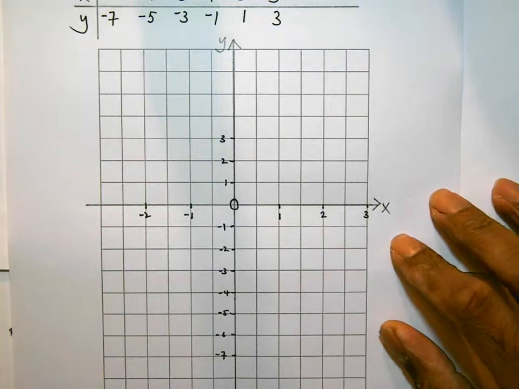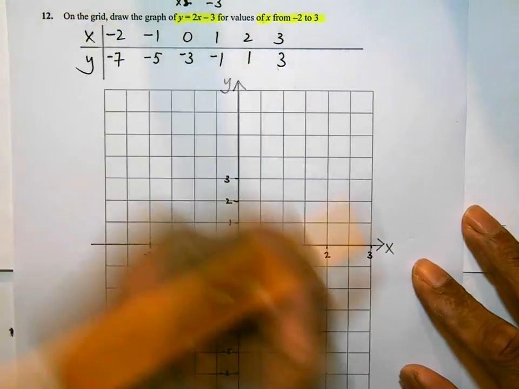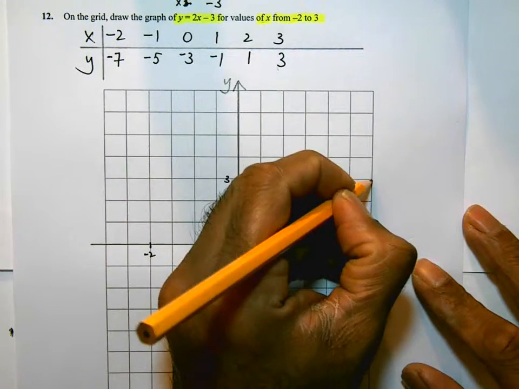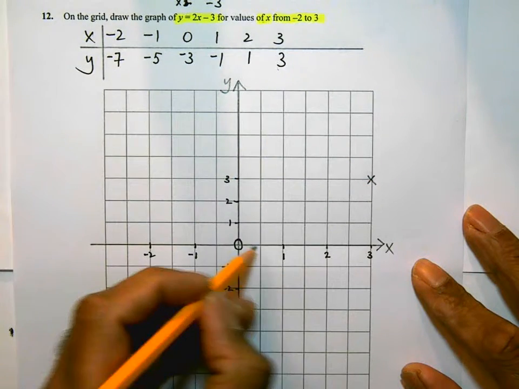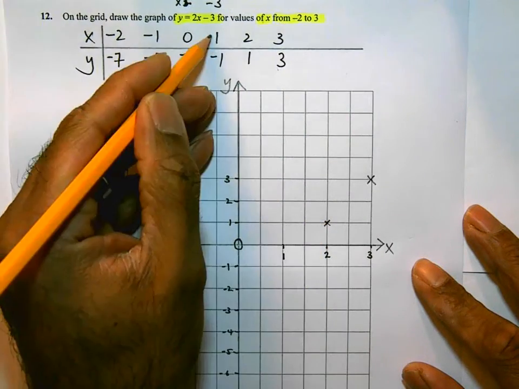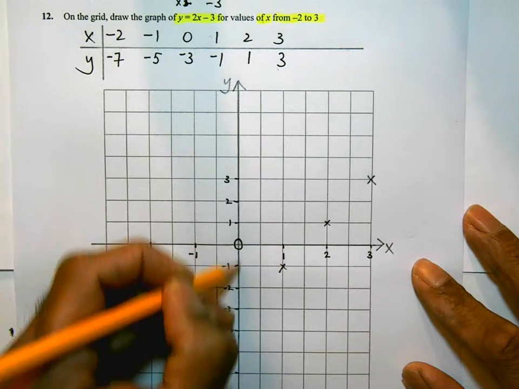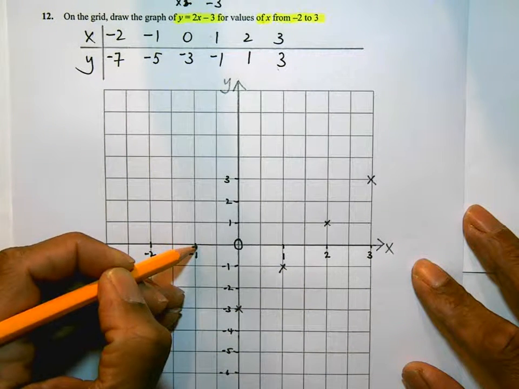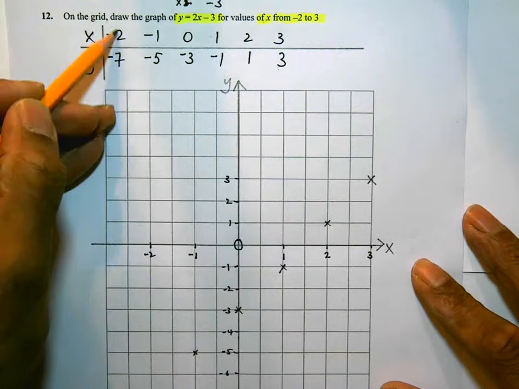So if I start with 3, 3 along the corridor to x, and then up to 3 on the y-axis. So that's my first point. I'm going to do that for all the other points. 2, 1, 2 along, 1 up, 1, minus 1, 0, minus 3, minus 1 down to minus 5, and the last value, minus 2, minus 7.